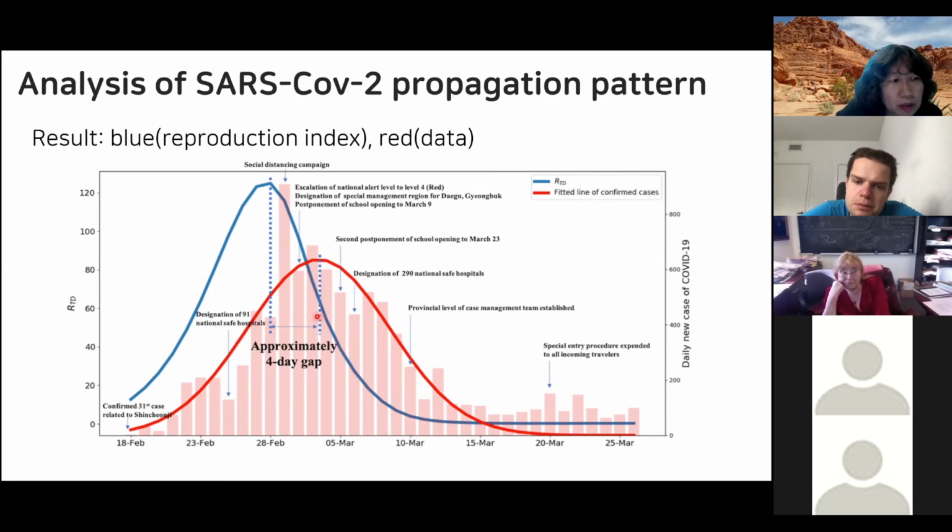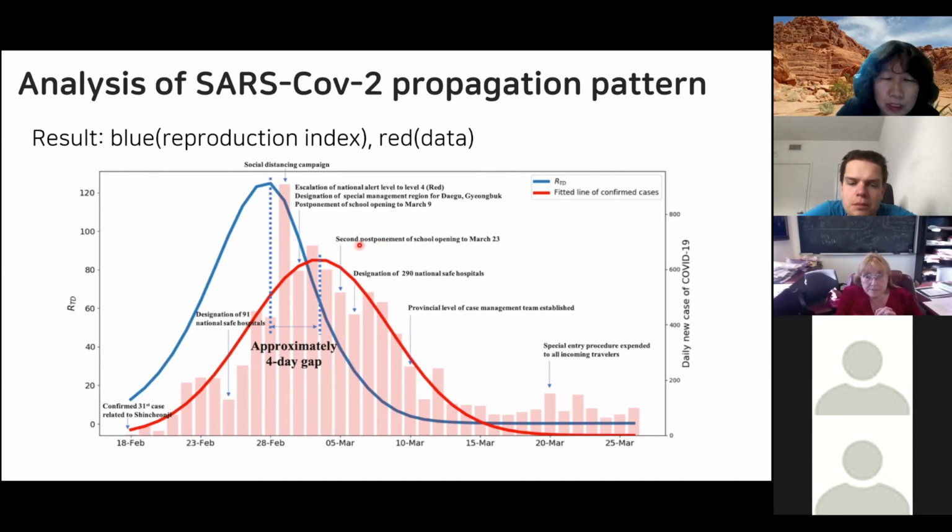The second remark is that if you look at what quarantine policies are in place after the maximum of the reproduction index, it matches the various policies implemented, such as social distancing, social postponement, and life treatment centers.